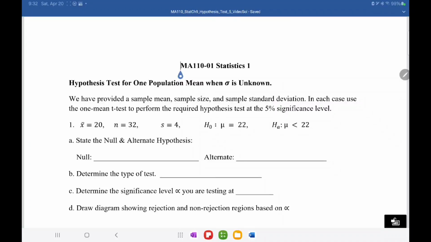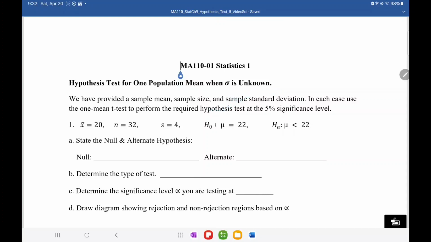Hello everyone, this is the fifth worksheet on hypothesis test, and this one is a set of exercises for hypothesis test for one population mean when sigma, or the population standard deviation, is unknown.